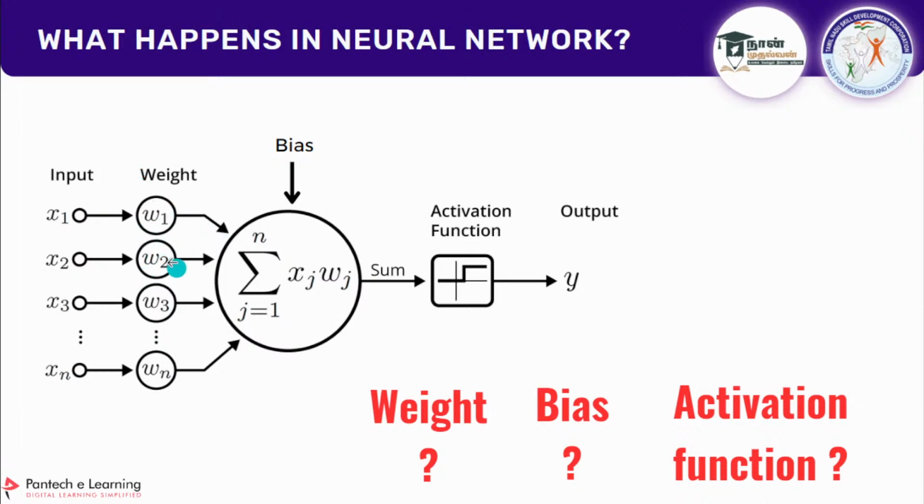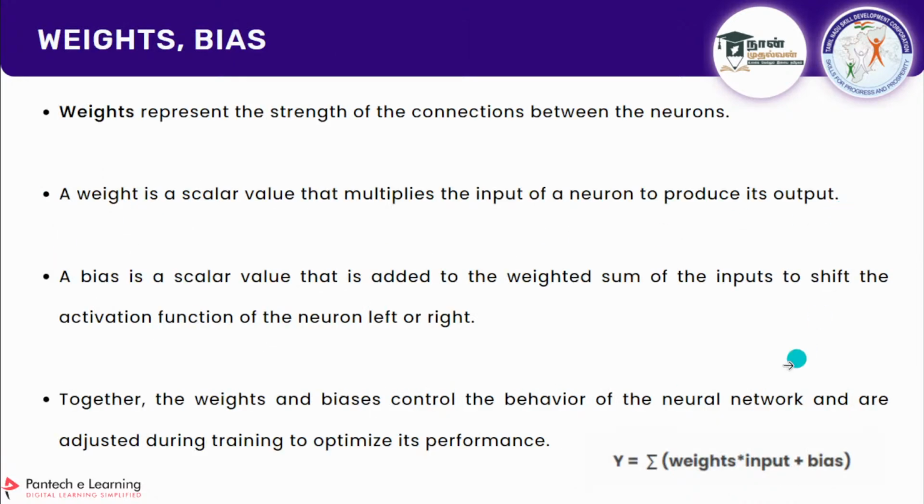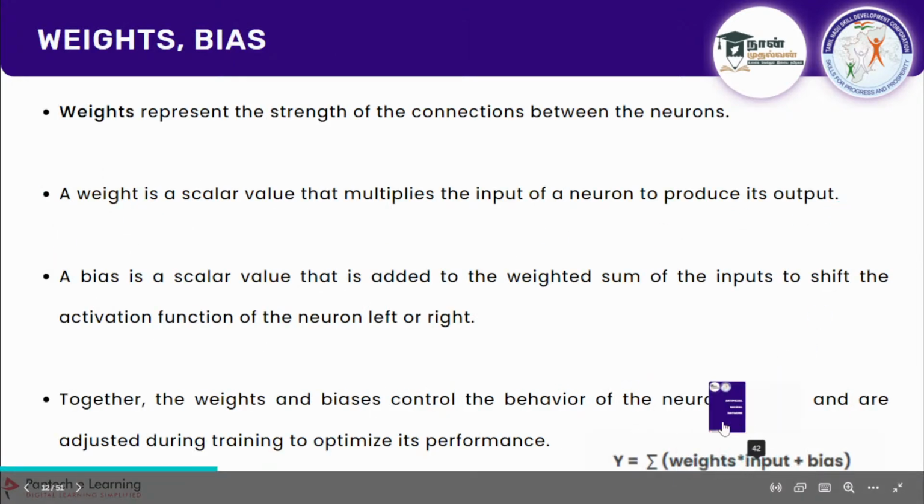If you multiply 0.95 with x2, so w2 is 0.95, this is given more weightage and the value will be high. So how much you apply, based on the importance, is considered the weight. I hope you understand what a weight is. Weight is multiplied by the input.